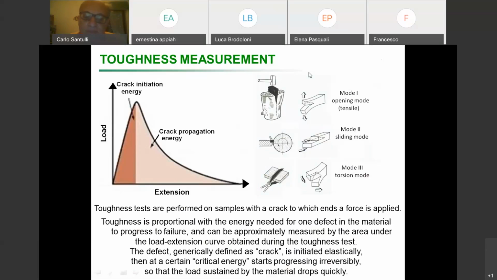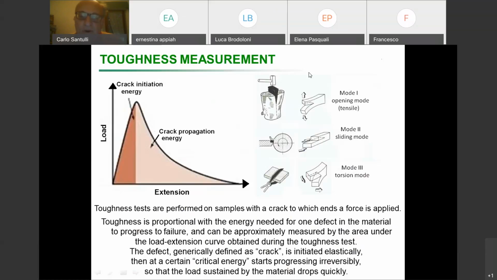Then we have three ways in which we are interested to test the material. Of course, there is a tensile test, which means that we have a crack and we pull the two ends of the crack in order for it to progress to failure.